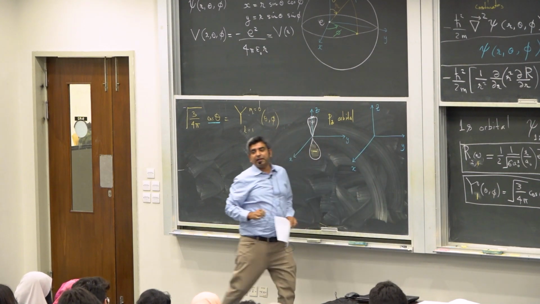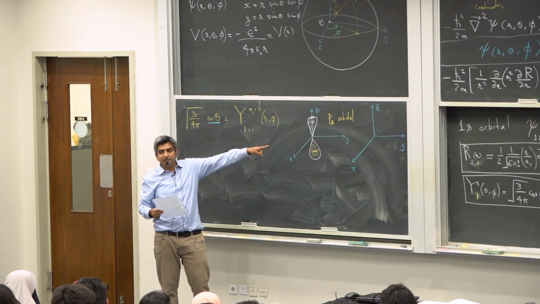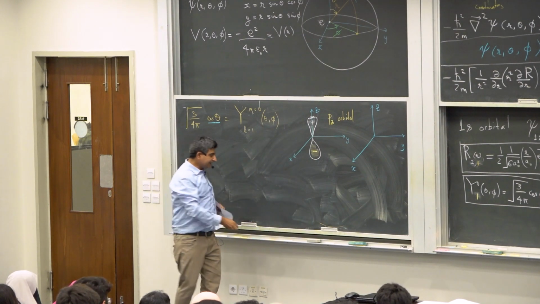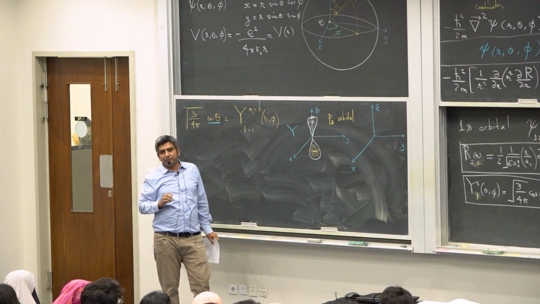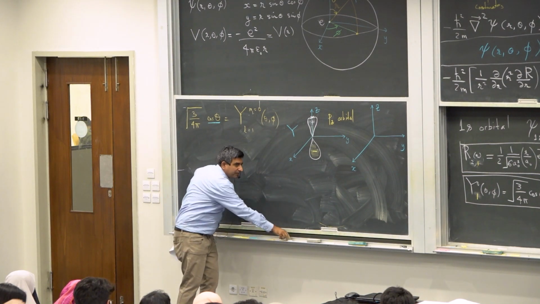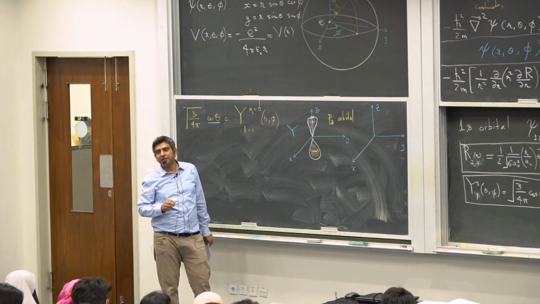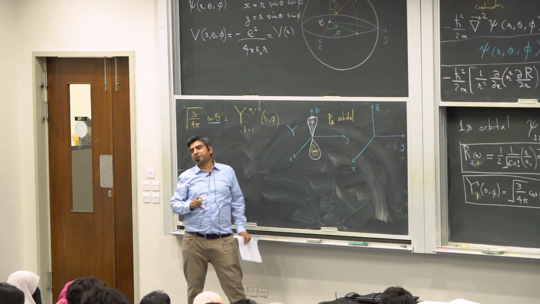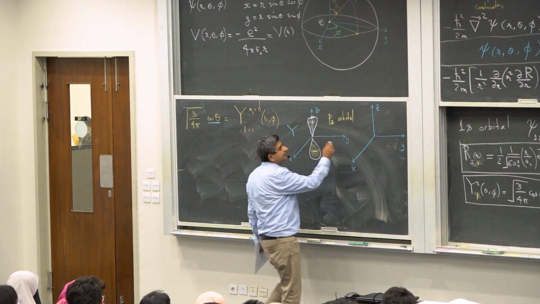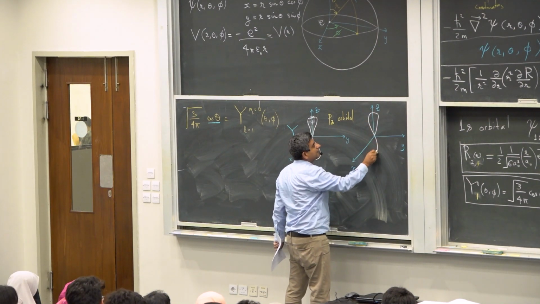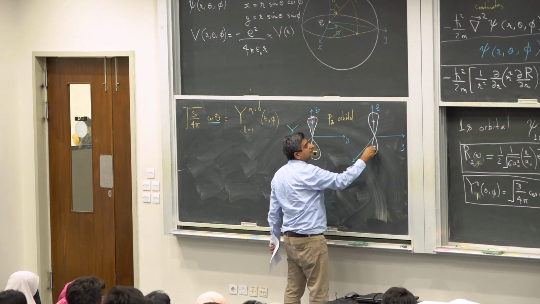So now, if I were to look at this orbital, this is a plot of Y, the spherical harmonic function, which is the chemist's pz orbital. If I take the modulus square of this, everything becomes positive.